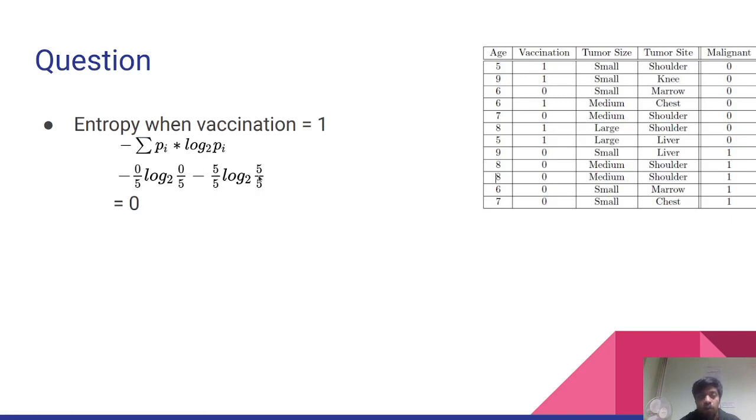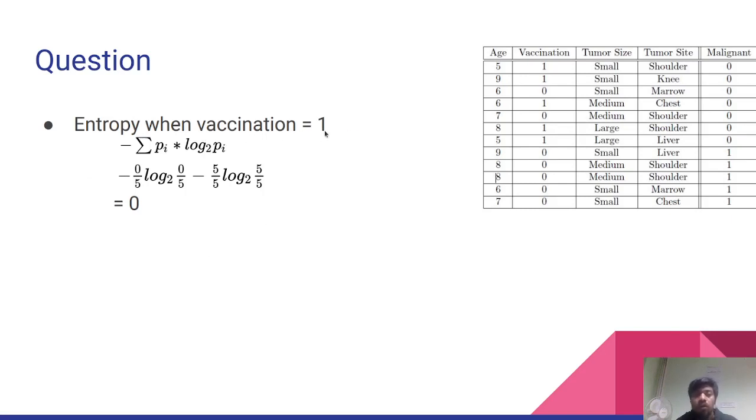So 5 by 5 log 5 by 5. If you calculate, 0 by 5 is definitely 0. And log base 2 of 1, or log base of whatever, if we have 1, it is 0. So both of them are 0. So this actually is 0, the entropy when vaccination equal to 1. That value is 0.